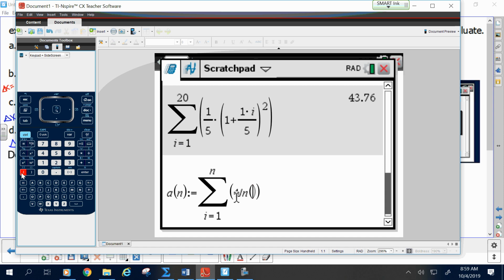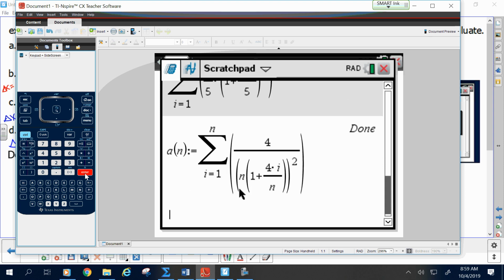Generally 1 plus 4 over n times i, or 4i all over n, whatever you like, it doesn't matter either way. And that needs to be squared. Are we cool? Are you with me?